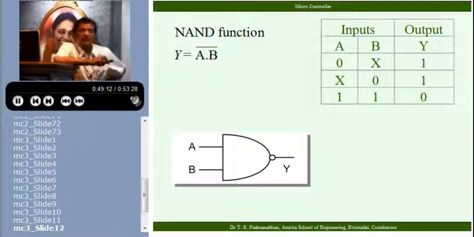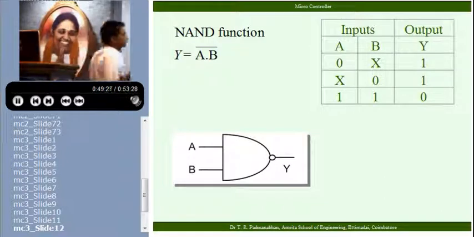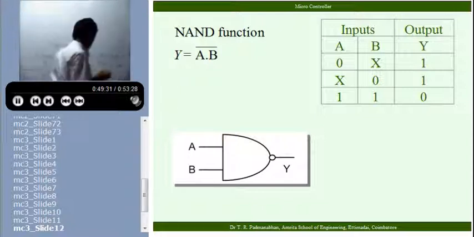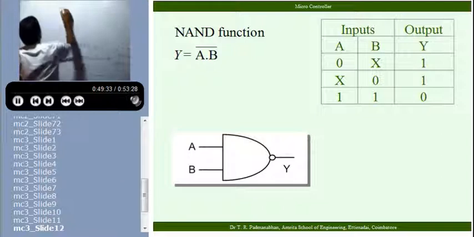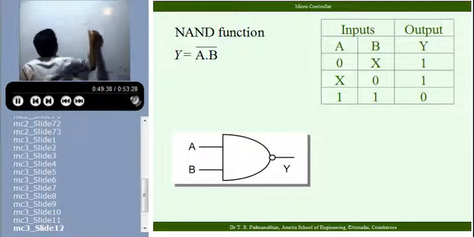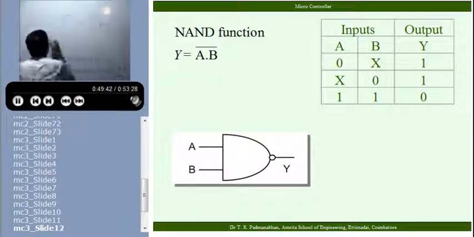Now, this is called a NAND function, an AND function and a NOT function combined. I have an AND gate here. This is an AND gate. That bubble signifies a NOT. It is actually 2 gates together. It is like the AND gate, a 2 input AND gate, followed by the NOT gate.